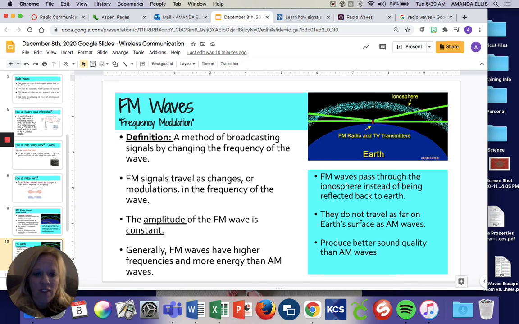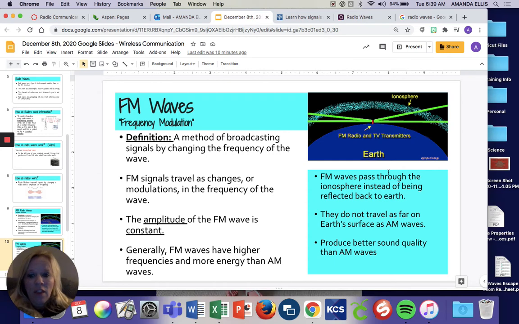Like you saw in the video, you have your signal, and then these carrier waves, the frequency is changed in order for it to be broadcasted. So with FM waves, again, the amplitude is constant and the frequency is changing. They tend to have higher frequencies and a little bit more energy than AM waves.